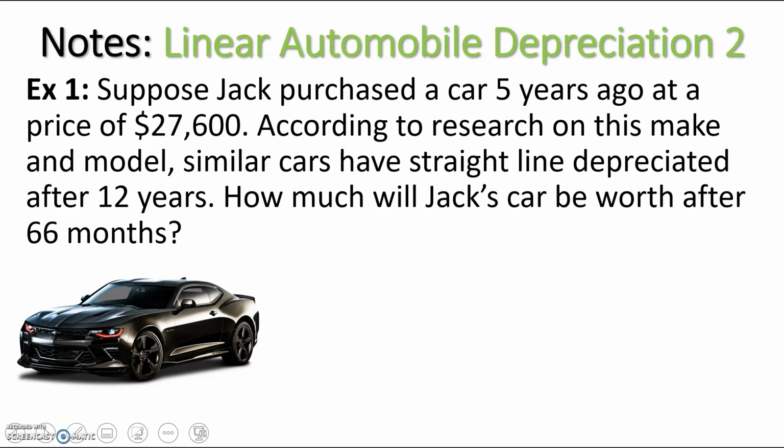So the first thing we're going to do is create our straight line depreciation equation. Let's start the same process that we did last time. We'll identify our coordinates. We know that this particular car loses value over time. We know that at time 0, or 0 years, the car is worth $27,600.